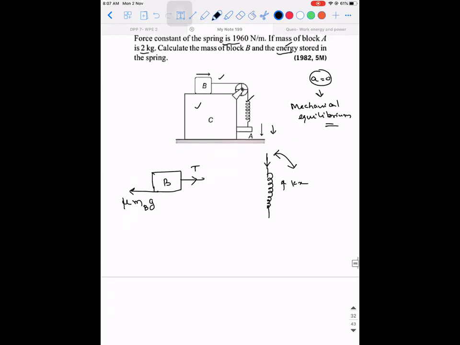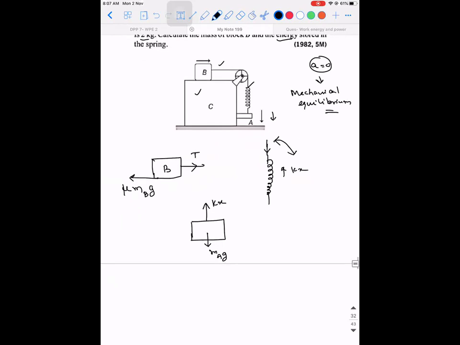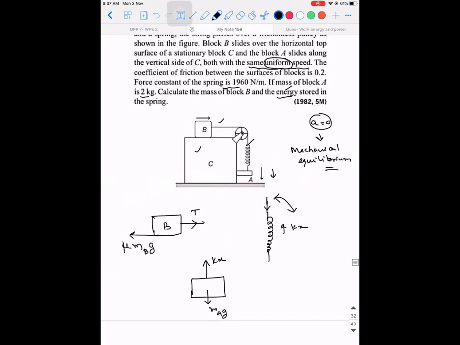Okay, next. If you take block A, what are all the forces acting on block A? mA into g is acting in this direction and K into x is going to act in the upward direction, where x is the displacement through which the spring has extended. Is that all?